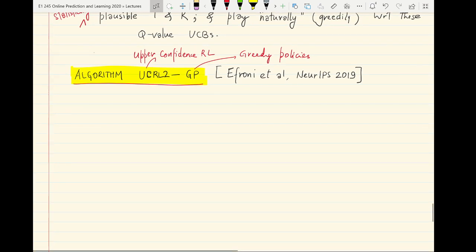Here is how it does it. It first initializes upper bounds for Q values, which we'll call the same Q hat H S A, and it initializes them to the largest possible default values, that is capital H.